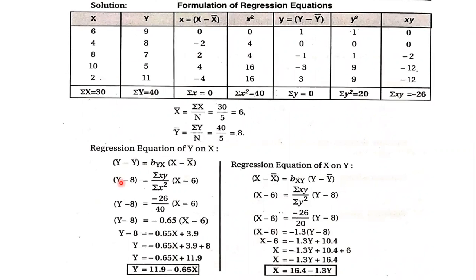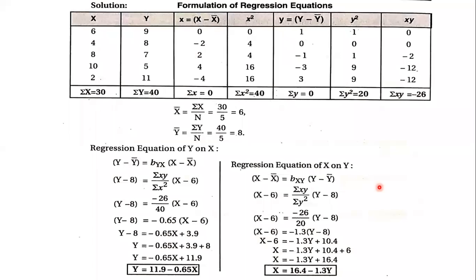Okay. Now when it comes to regression equation, the formula for byx was very small. That is sigma xy by sigma x square for y on x. And for x on y, it was sigma xy by sigma y square. Okay. It was simple. So here we directly used it along with the formula.